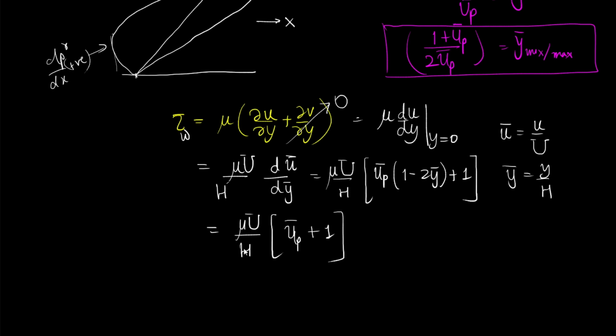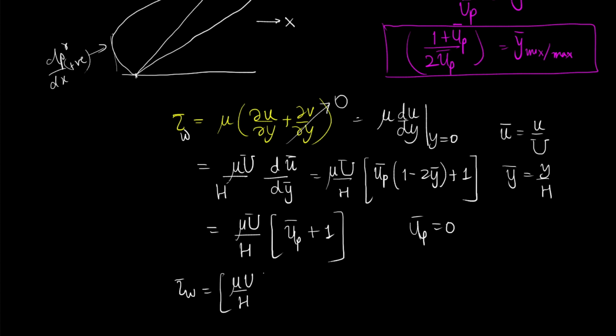At the top wall we will substitute y bar equal to 1, so you get the idea. So using this we find the expressions for the wall shear stress. In case the up bar component is 0, that is there is no pressure driven component, the wall shear stress simply becomes equal to mu U upon h. I mean this term becomes 0, so only 1 remains.